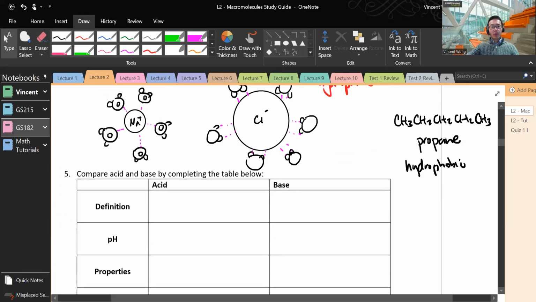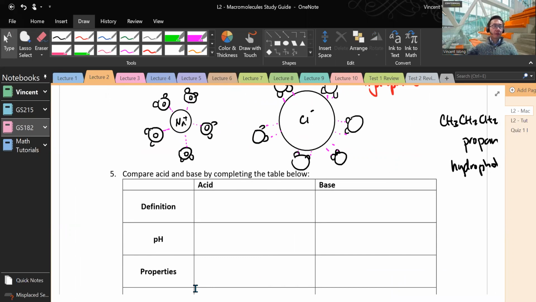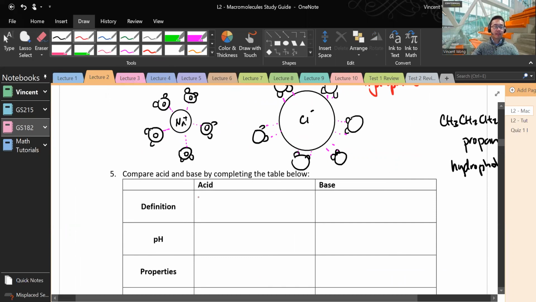Okay, moving on, we have another chart here that is comparing acid and base. So for the definition of acid, I'm just going to keep it very simple. Acid is something that will produce H plus when dissolved in water.